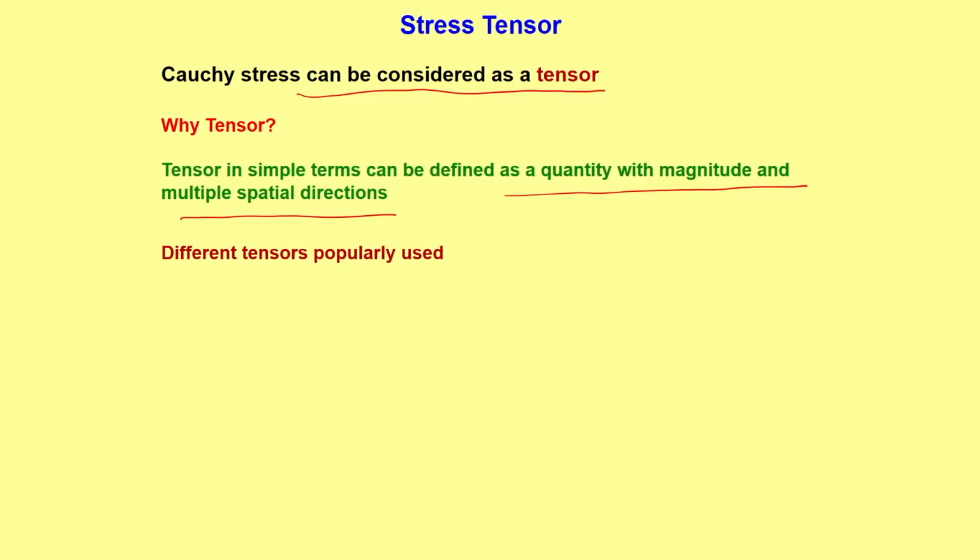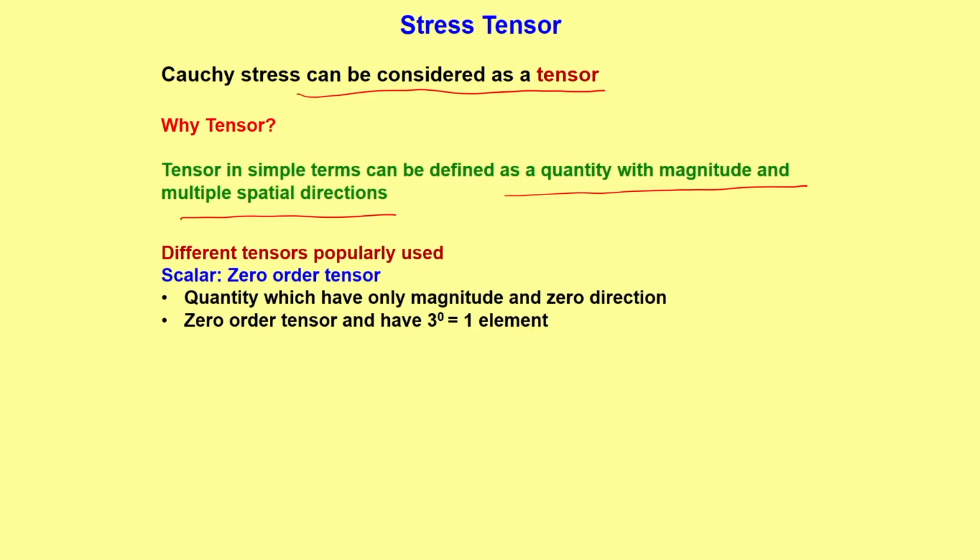The first one is scalar. The simplest tensor is scalar and it is called a zero order tensor. It has only magnitude and zero direction.